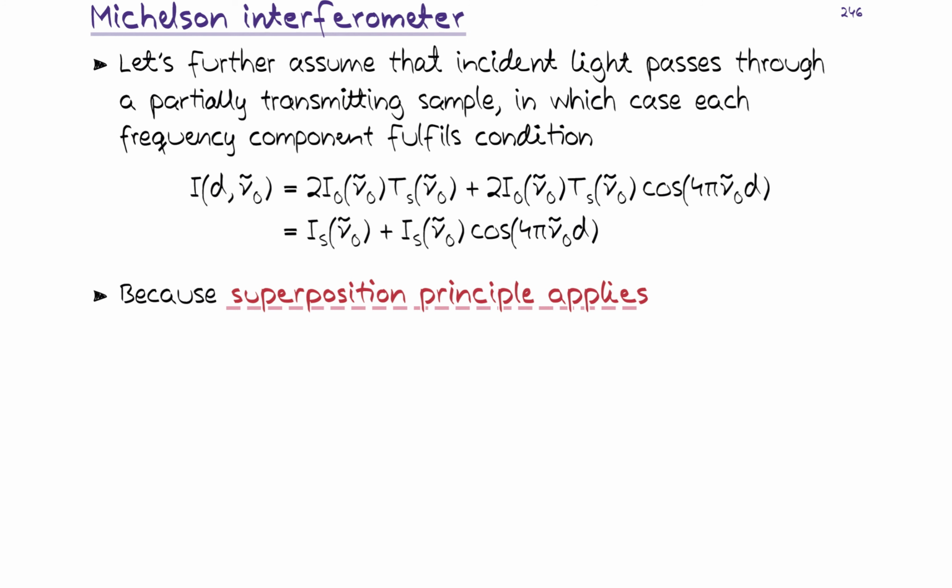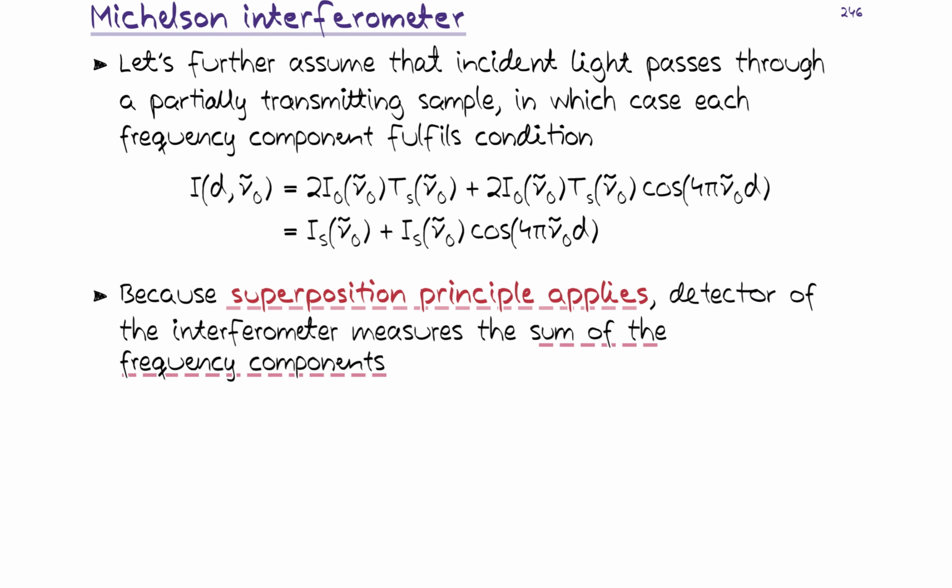Now this is where we apply the superposition principle. This applies as long as we're in the linear regime, and we pretty much always are when we are doing these experiments. The detector in the interferometer essentially just measures the total sum of the frequency components. It measures the total irradiance associated with the incident light, and it doesn't care about the actual frequencies.